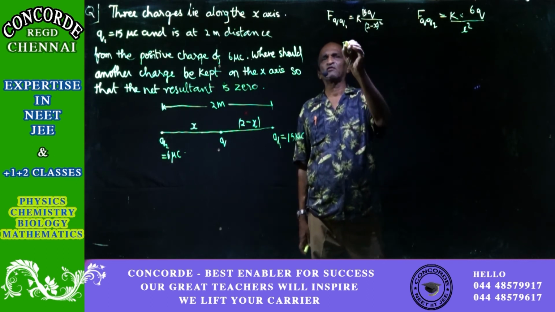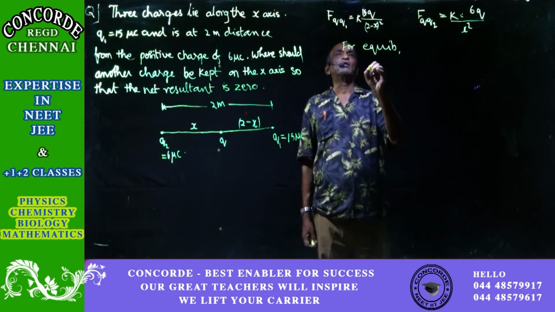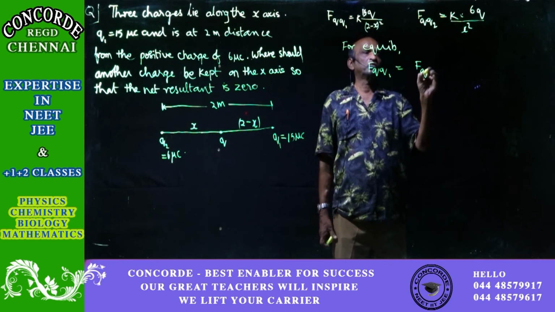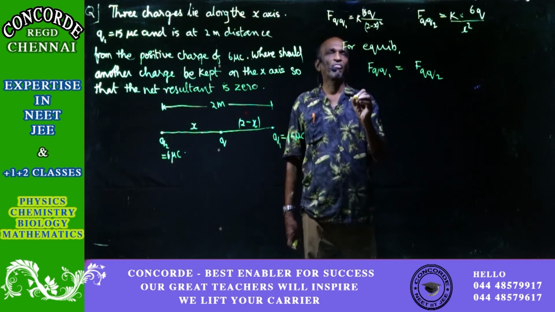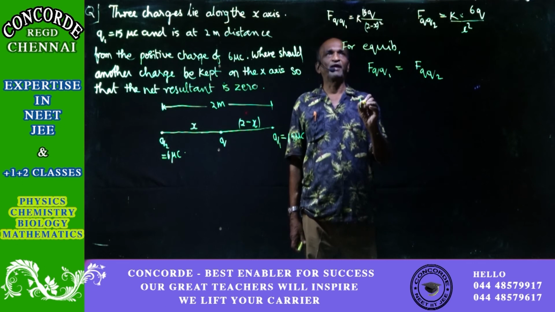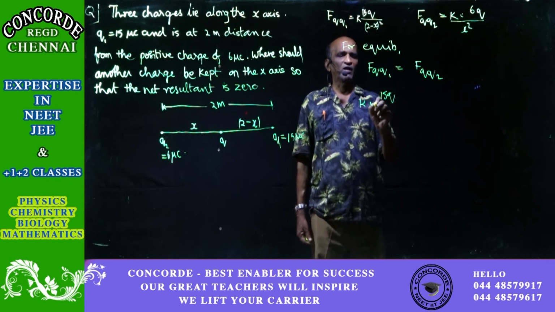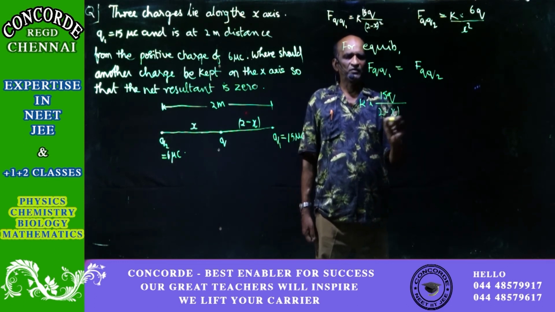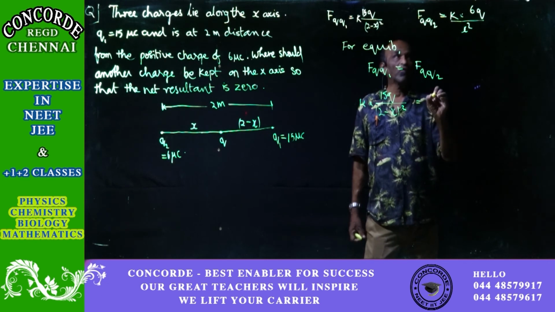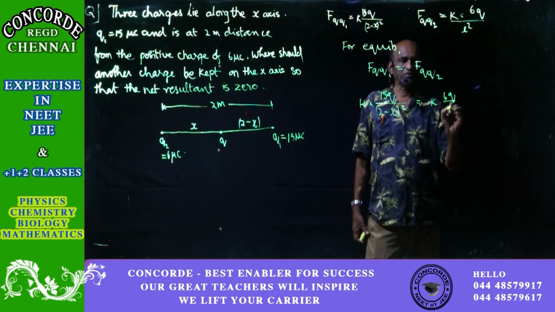Therefore, for equilibrium, F Q1 is equal to F Q2, or K into 15 Q dividing it by 2 minus x, the whole square, will be equal to K into 6Q dividing it by x square.